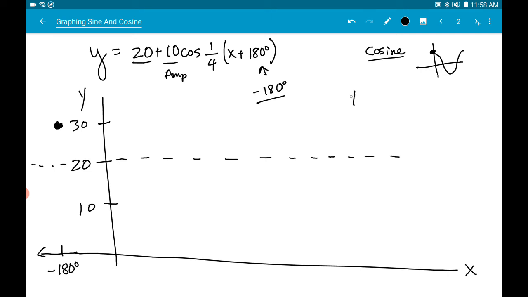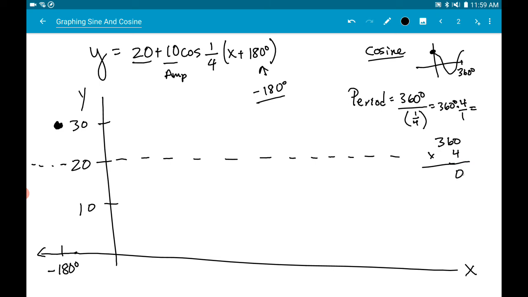So this last number, the period: we're comparing it to the original cosine graph, which has a period of 360. But we're going to put that 1/4 in here. When you divide by a fraction, and you have a fraction in a fraction, you can multiply by the reciprocal. I don't happen to have a calculator handy, but we'll verify this real quick.